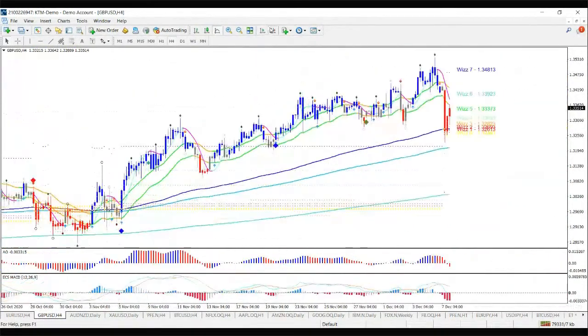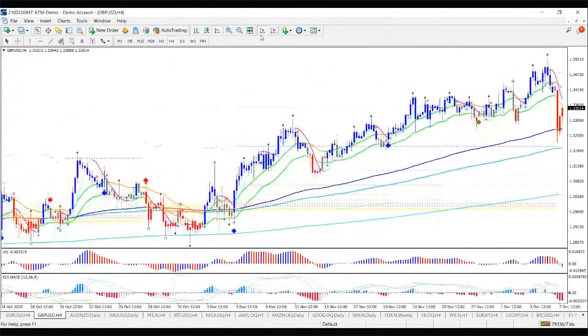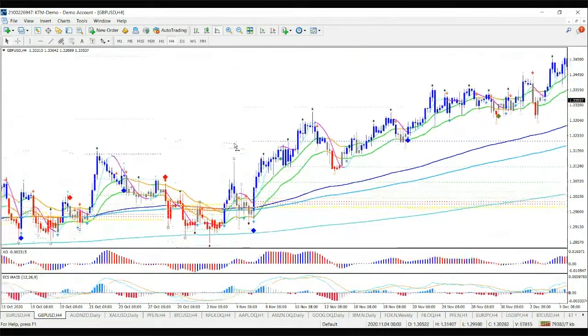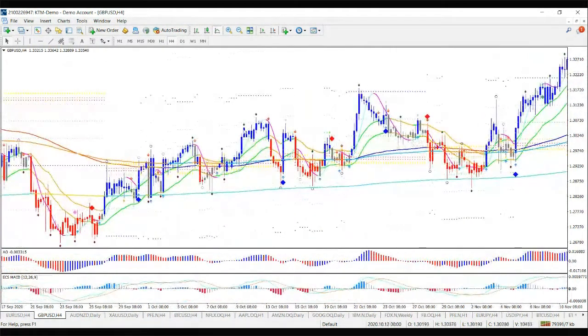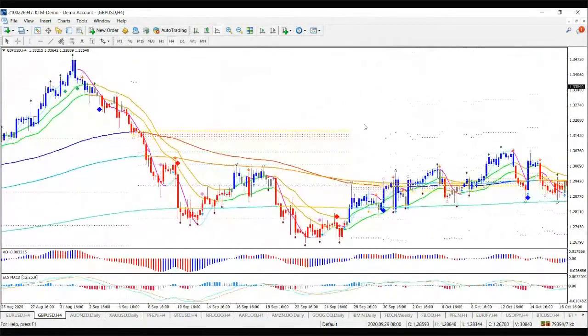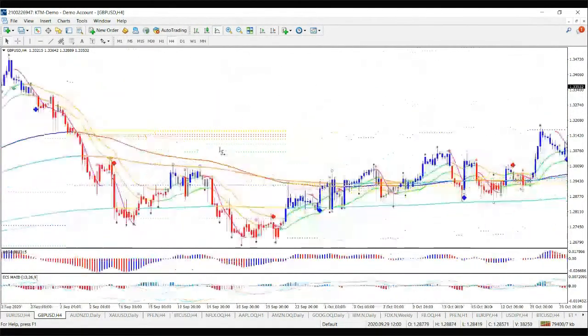Now, the 4-hour chart. I think the 1-hour chart is also a tricky chart, and is best used only after, personally, seeing something clearly on the 4-hour chart. Because if you focus on the 1-hour chart too much, I think it brings you into trouble. By focusing on the 4-hour chart, you find the spots where the 1-hour chart and the 15-minute chart have the most potential. That's my view, at least.